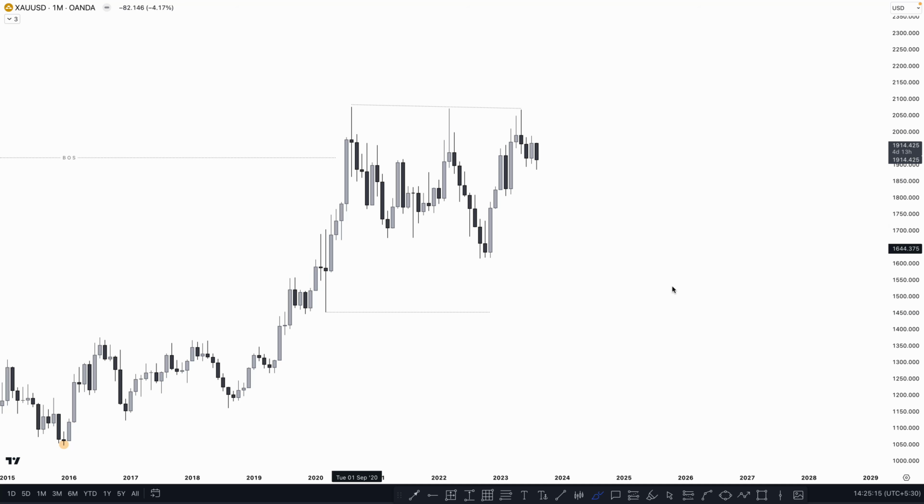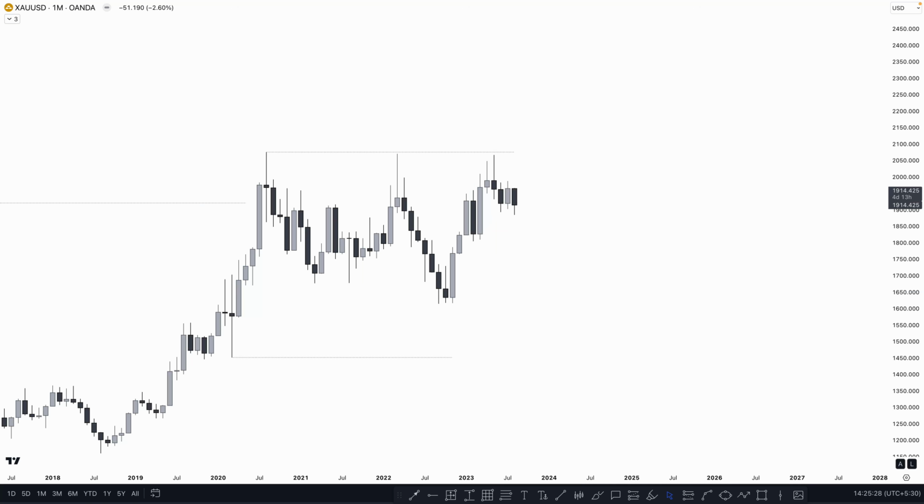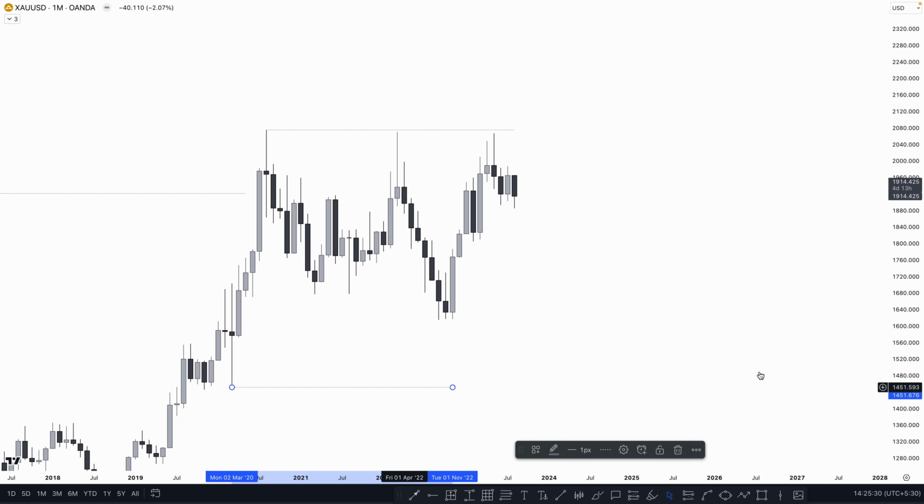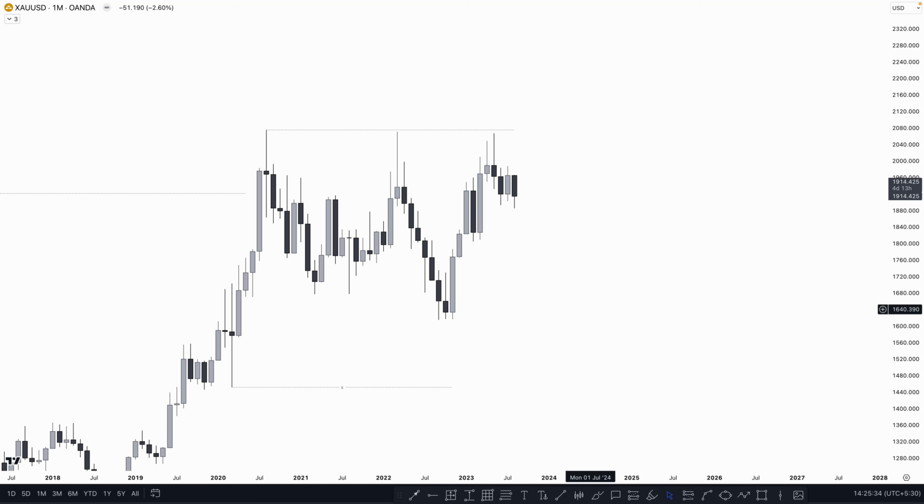Okay, after the breakout of structure, this is the first pullback after the breakout, because this high still has not broken the previous all-time high. This one, right? You can see here. So market must take out this inducement or create a new inducement. Then we can decide where market is going based on the monthly time frame, and definitely it takes a lot of time, actually weeks and months.